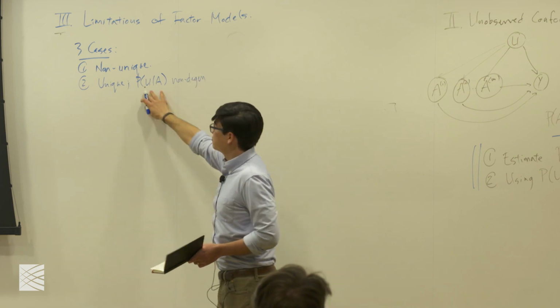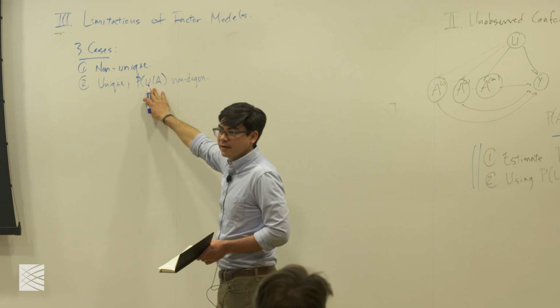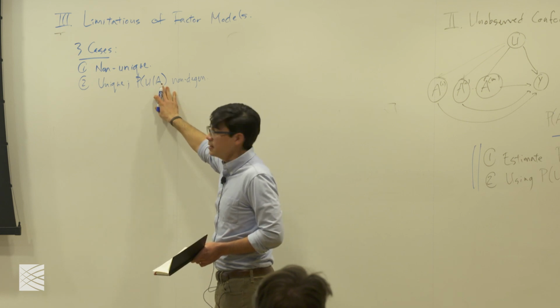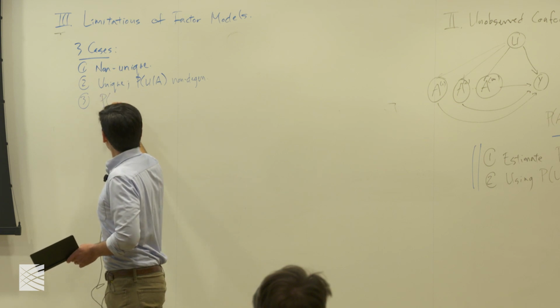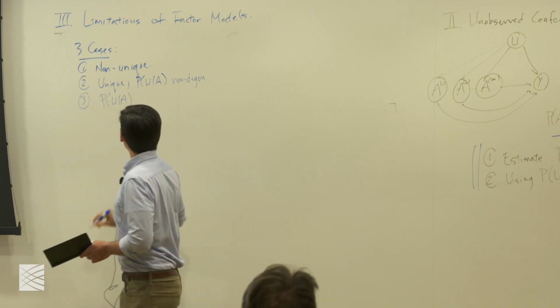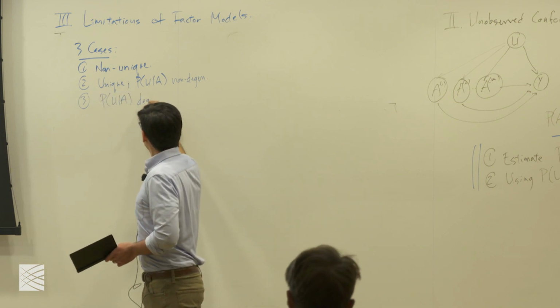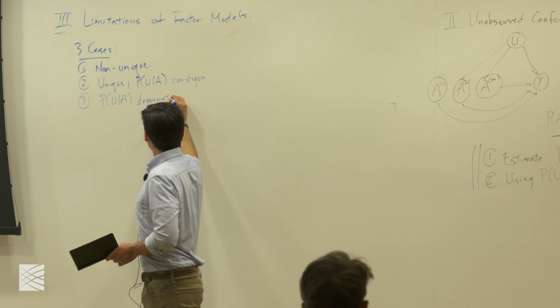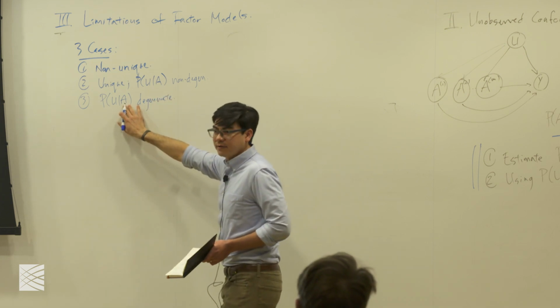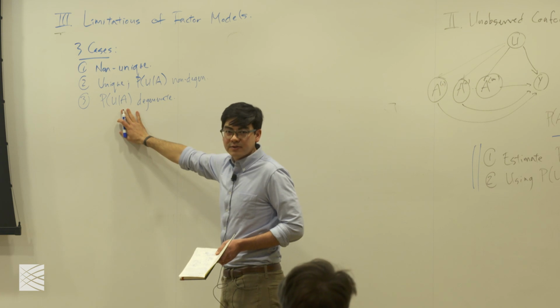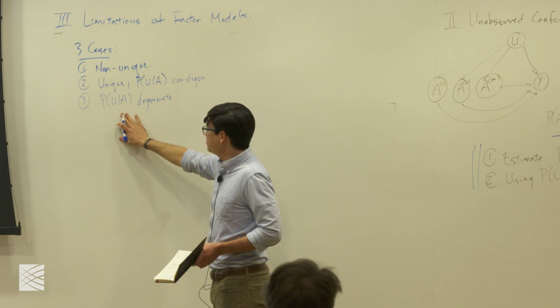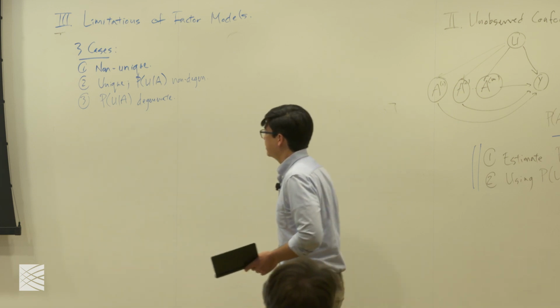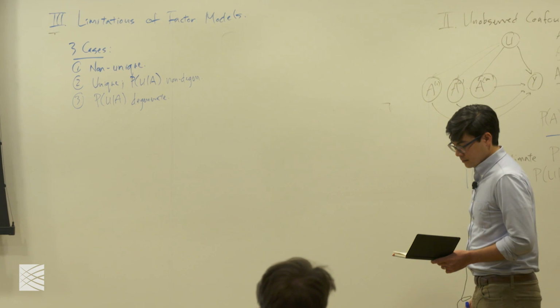So that means that there's still some residual variation in the unobserved confounder after we've observed the causes A. The third one is going to be when we think about P of U given A being degenerate. So that means that after we've observed all our inputs, let's say after we've observed the set of SNPs, we actually know exactly which subpopulation the person came from. After we observe all our causes, we know exactly what the latent variable was.